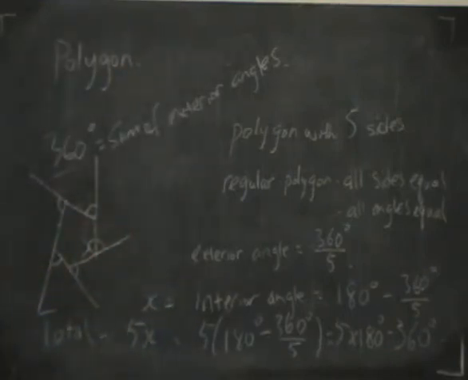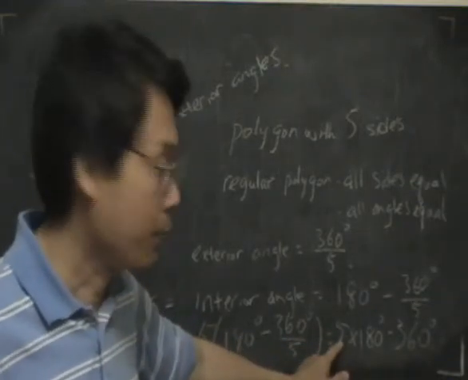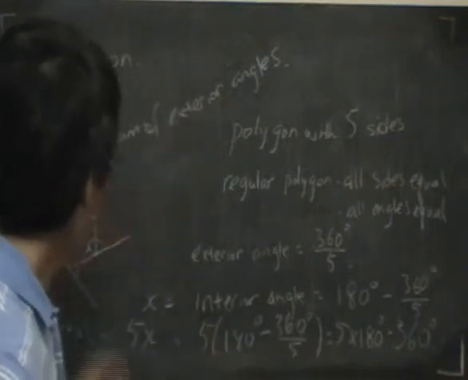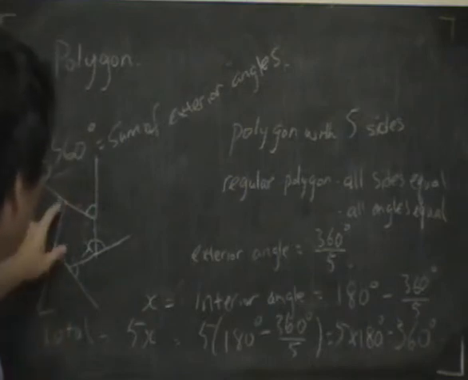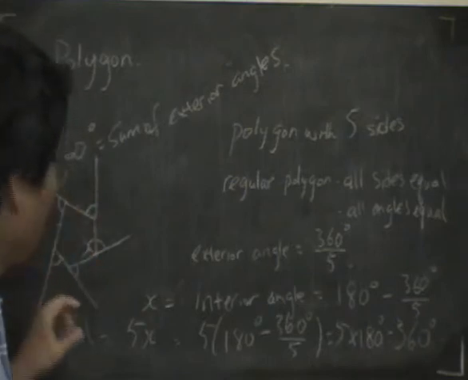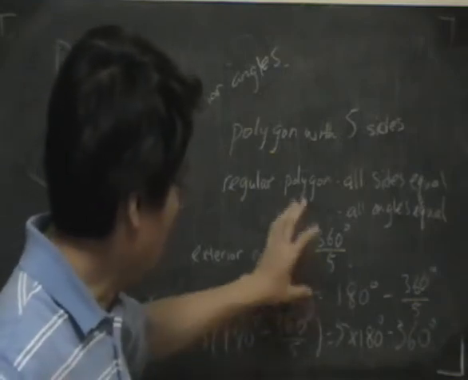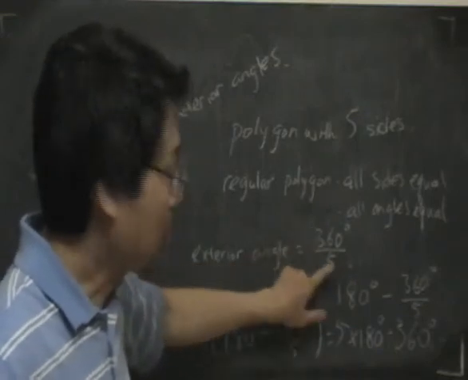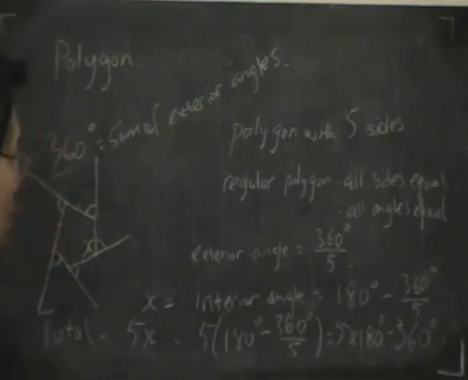Now, I want you to take a look at this number 5. This number 5 came from the number of sides of this figure. So this has 5 sides, and we use this number 5 in calculating the exterior angle. Remember, we divided 360 by 5 because it has 5 sides.